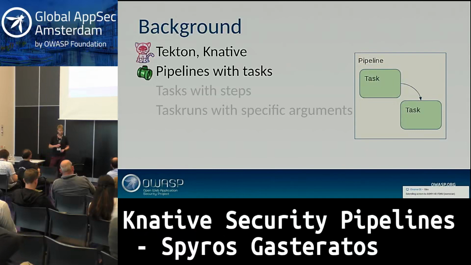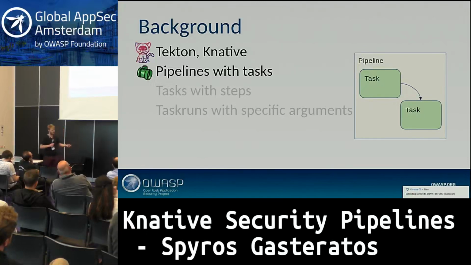So a really typical CI pipeline might have a Docker build step and a Docker push step. We're going to sidestep that because that's not what we're interested in for security pipelines, but it's certainly what you could use Tekton for.